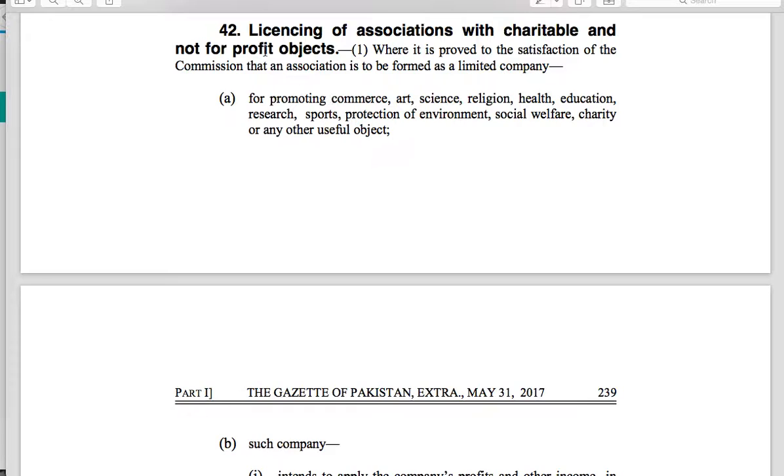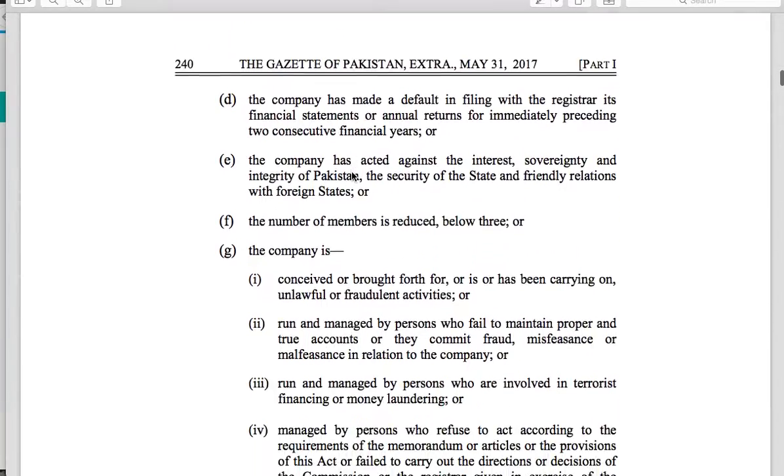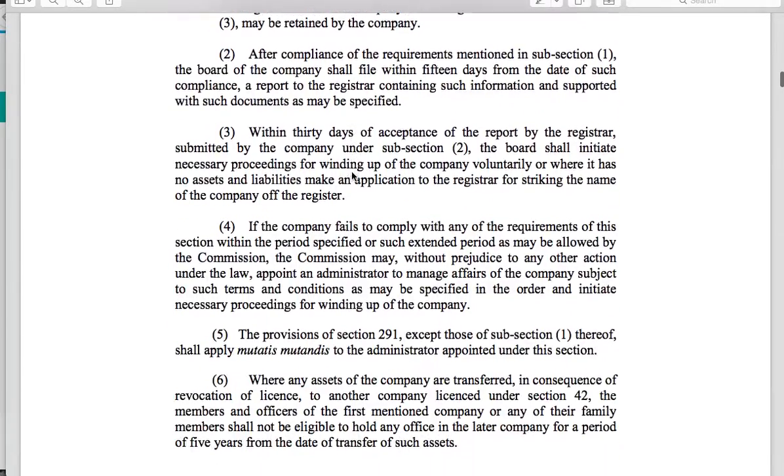So the requirements to register as a non-profit company have become stringent. So if you intend to do this, there's a long list of rules along with all of these legal sections.